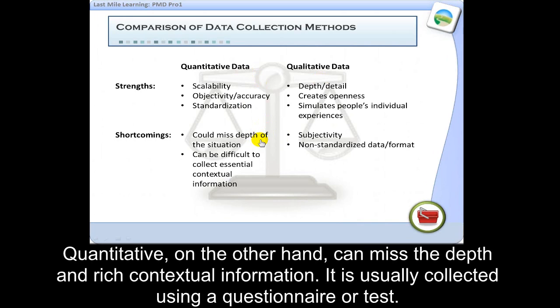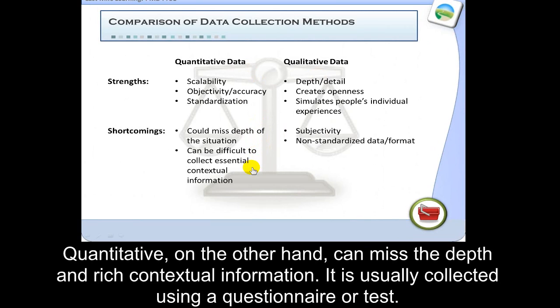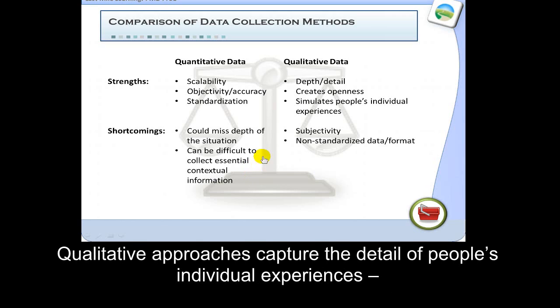Quantitative, on the other hand, can miss the depth and rich contextual information that you'll get in qualitative. And the methods that are used normally involve a questionnaire or a test.